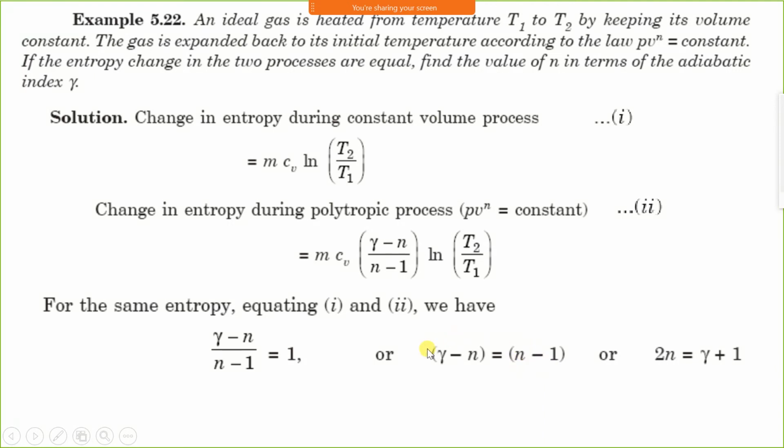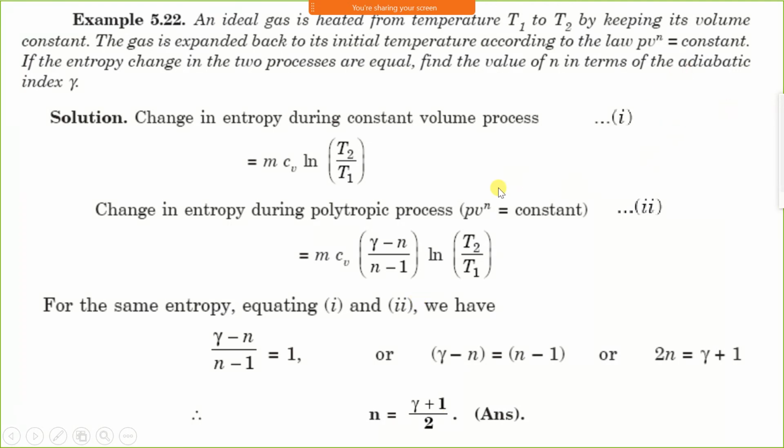Taking n to the left hand side, this will be minus 2n equals minus gamma minus 1, and n equals gamma plus 1 upon 2. The value of n is gamma plus 1 upon 2. This is the value of n in terms of gamma, which we were supposed to find.